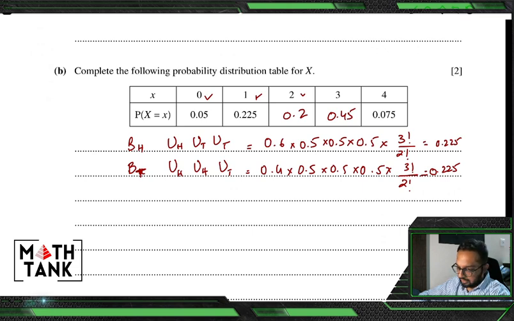No, I seem to have made a mistake somewhere. Oh, okay, that shouldn't be 0.225. My bad, calculation mistake. Everything else is correct, I think.